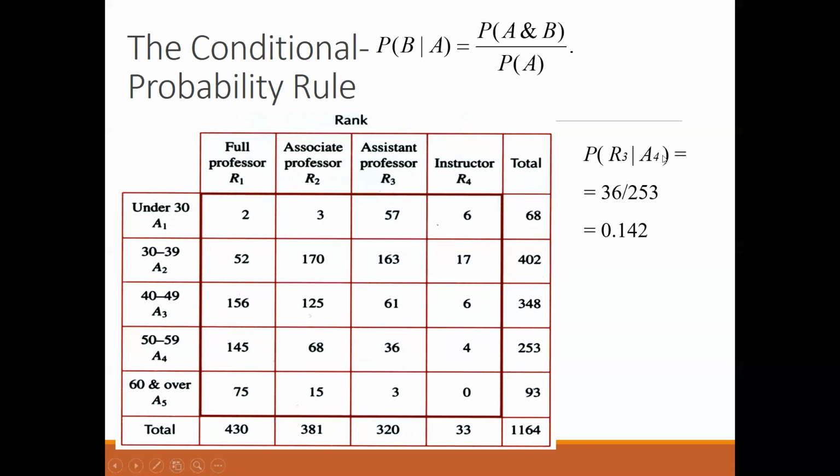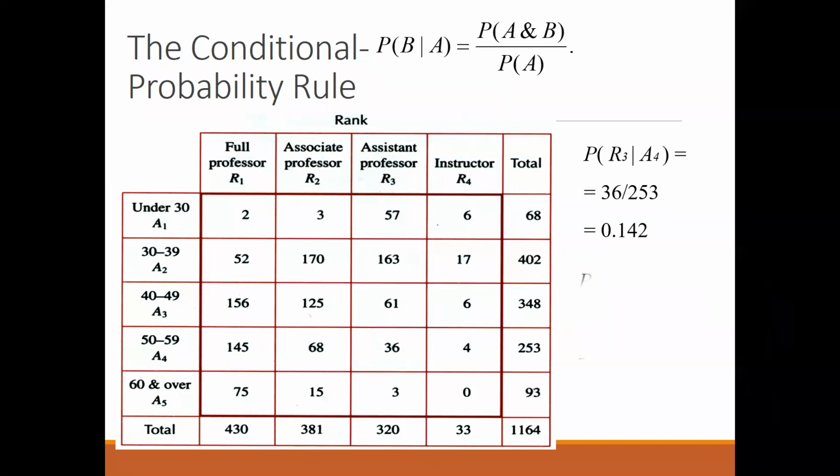What is the total given here? 253, which will give me the probability 0.142. Now, if you're using this contingency table, it becomes easy for you to find the answers.